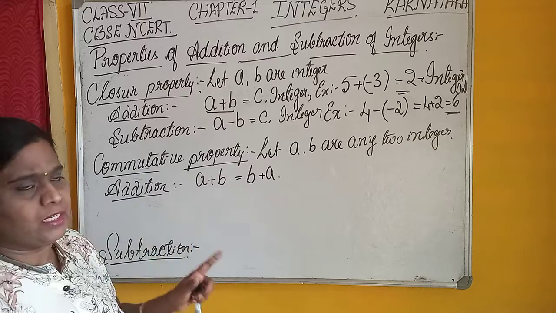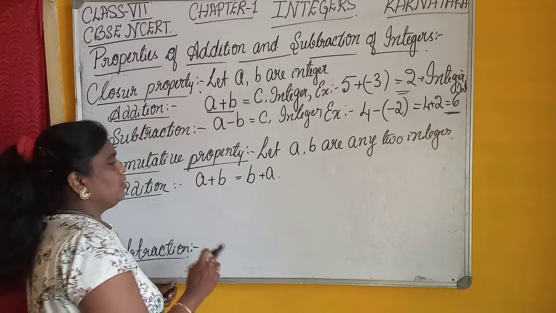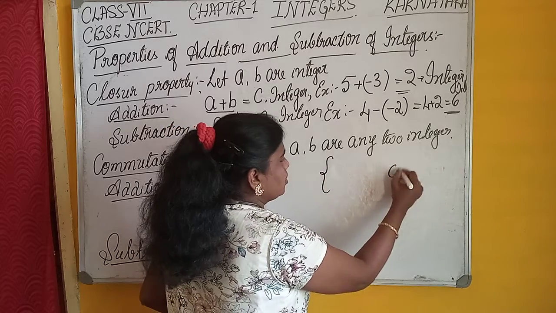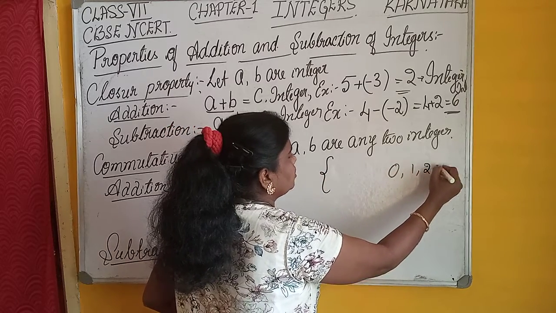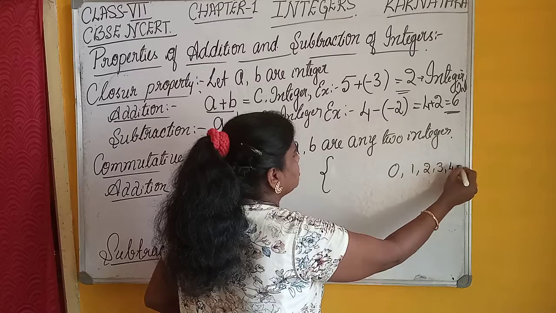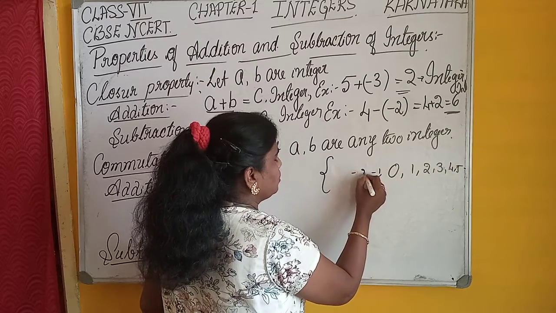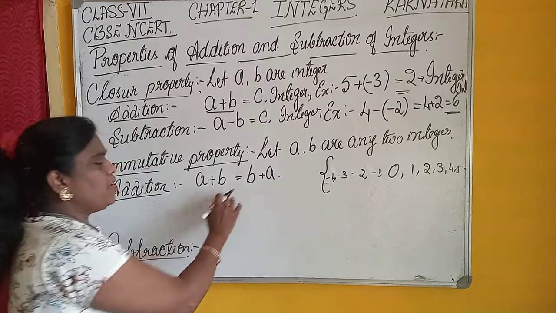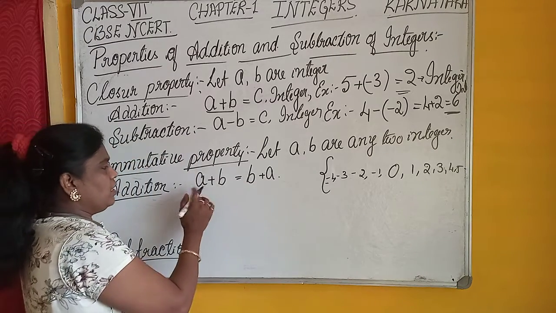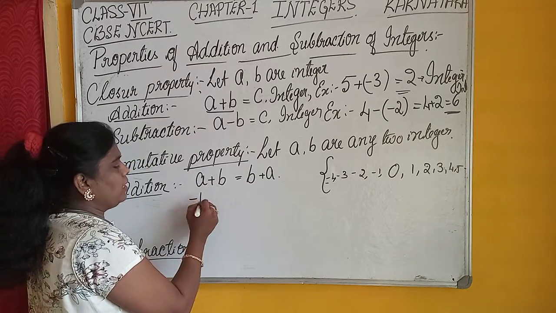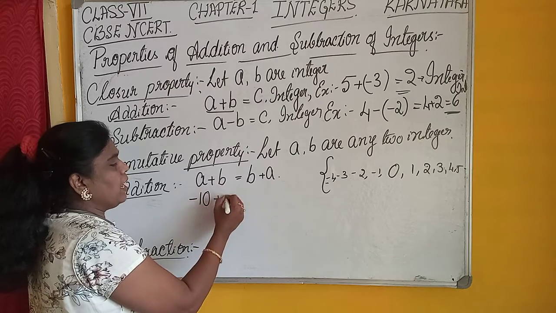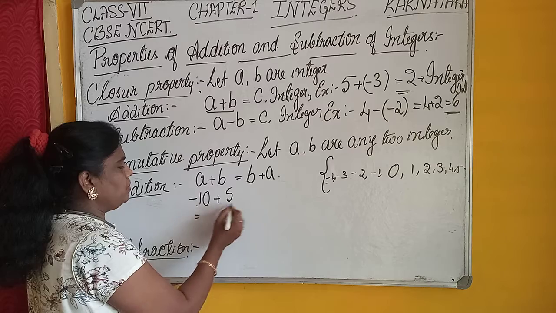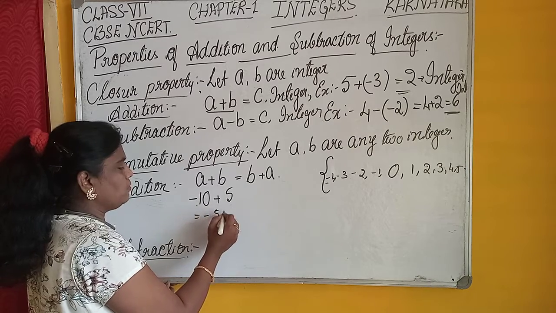Considering the two integers, let's take some examples. You know that integers are 0, 1, 2, 3, 4, 5, etc. And here minus 1, minus 2, minus 3, minus 4, etc. If we add any two integers, let us take A as minus 10 and B as plus 5. What will we get here? Minus 10 plus 5 is equal to minus 5.